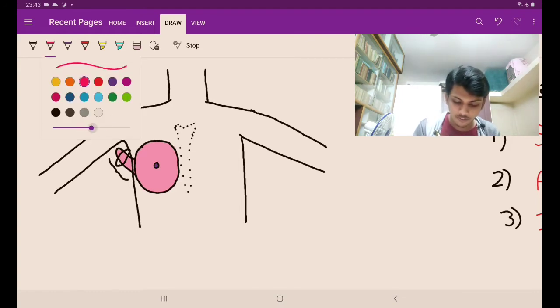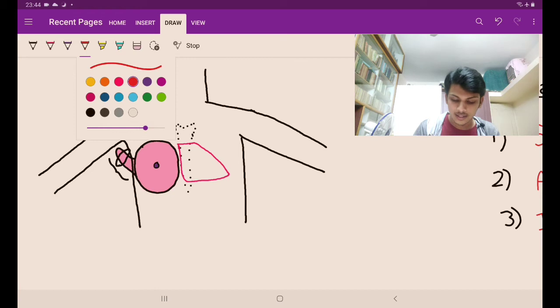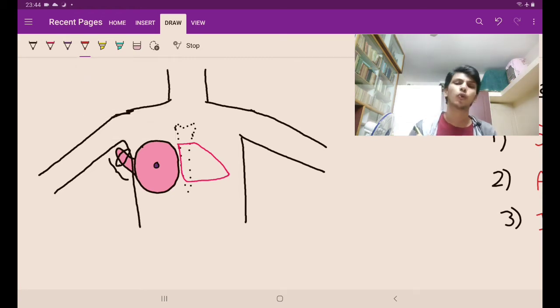Okay, see here. I'll be drawing a very beautiful organ here. What is this organ? This is the heart. Our heart has one main artery which is very big. It is supplying blood to almost the whole body. It is the aorta.